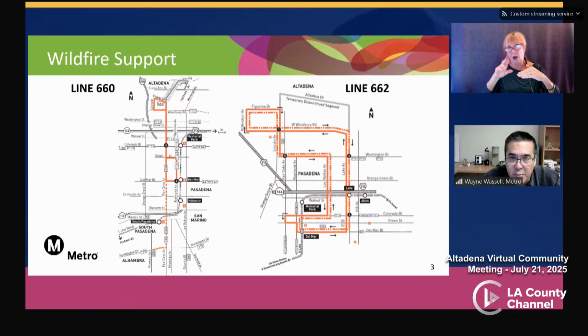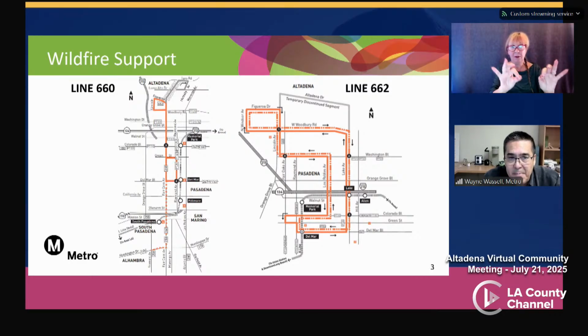And then 662, which normally operates as a bi-directional circulator, starts and ends at Altadena and Lake normally, while now it starts and ends at Lincoln and Woodbury. So you can see the routes here, and right now, they're scheduled this way. We're looking forward to the fire recovery build out, so that as soon as we can start to operate the regular route, we'll start doing so.